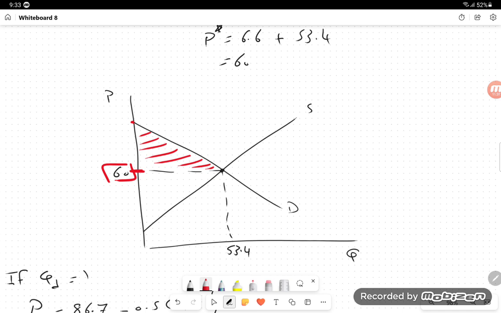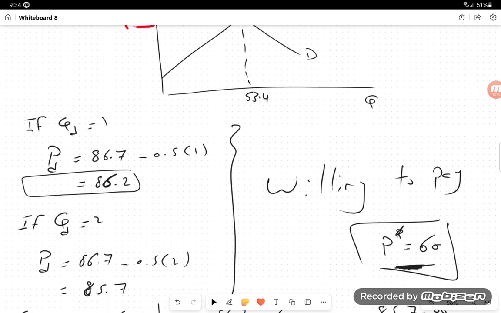So the area of this triangle is the consumer surplus. So say for example this is triangle ABC. We would like to calculate the area of triangle ABC. The area of any triangle is calculated as half base times height.